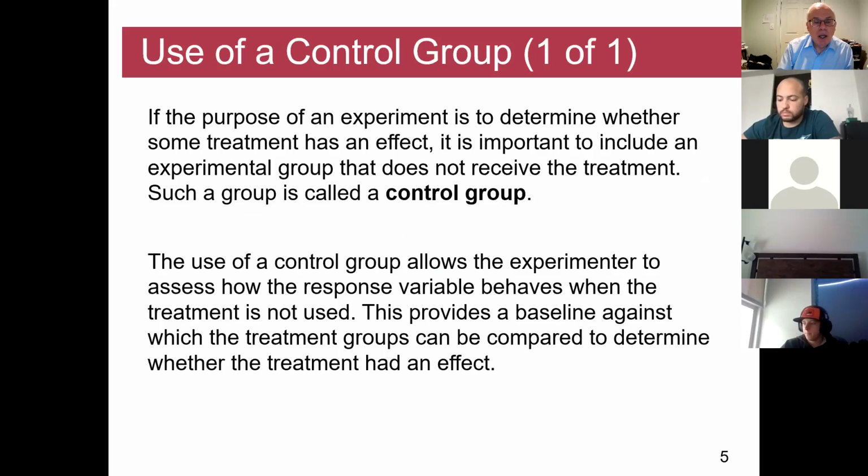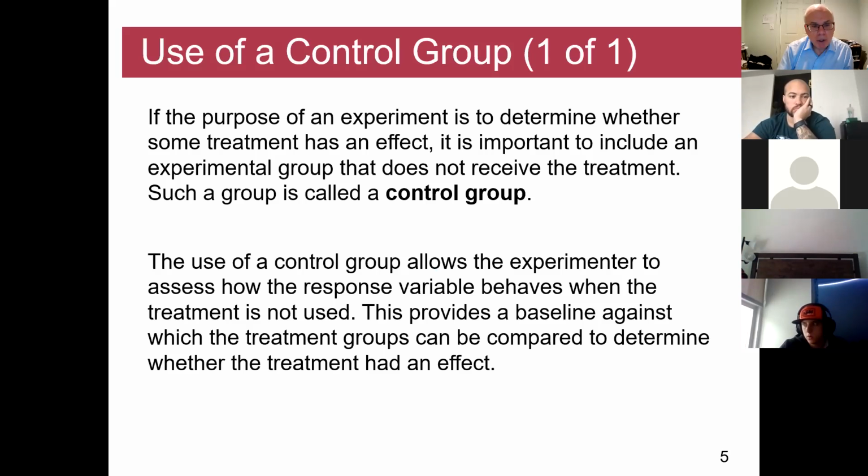Now, sometimes in an experiment, we want to create what's called a control group. That's one of our treatment groups. What's an example? Well, let's say we have a new drug that we think may help in reducing the effects of a disease. We want to have as our control group or other treatment group something that looks exactly like the pill.